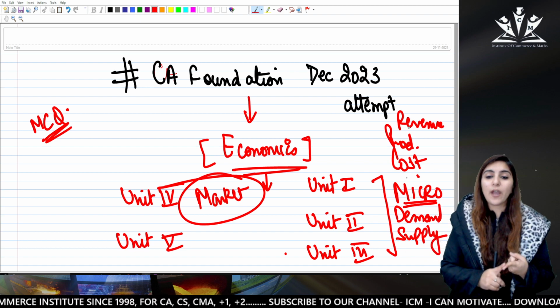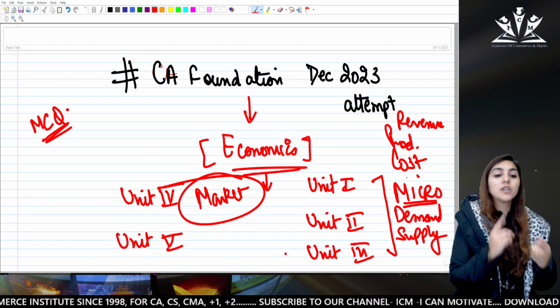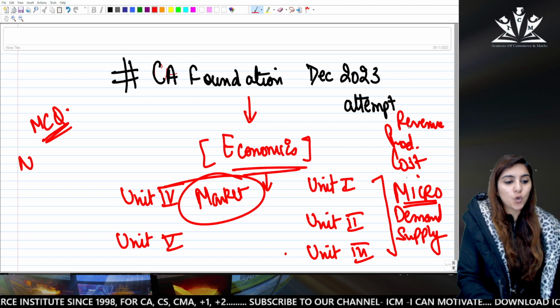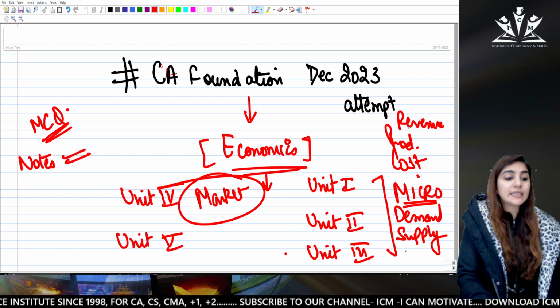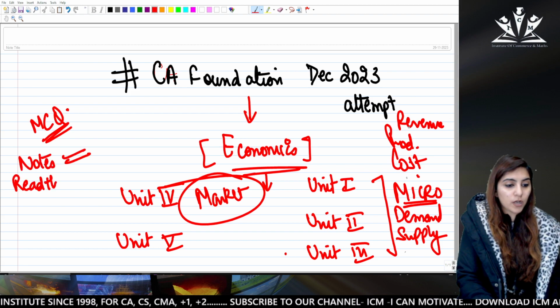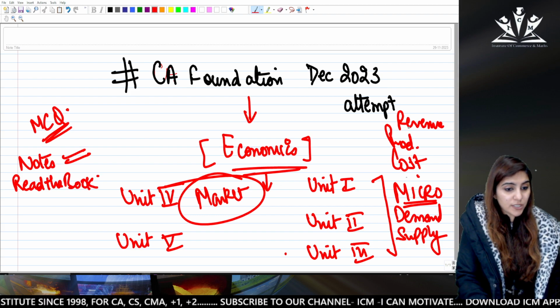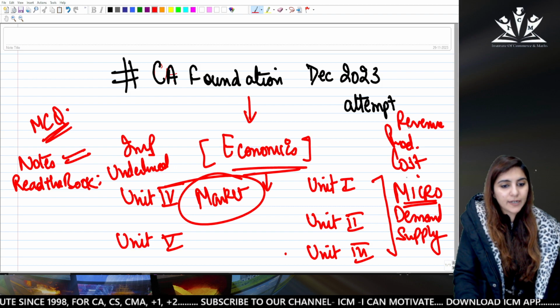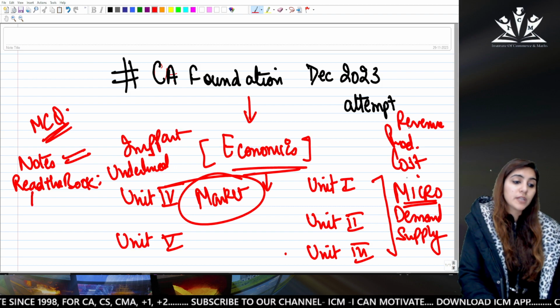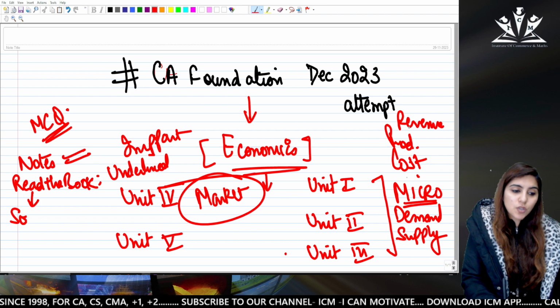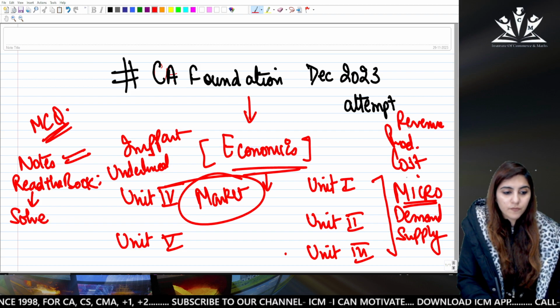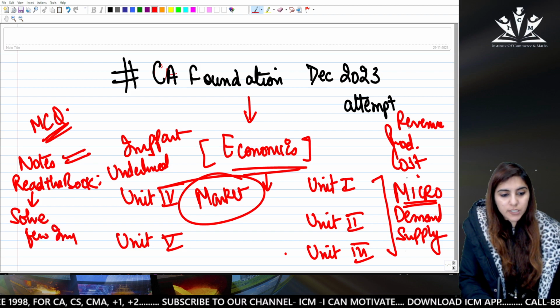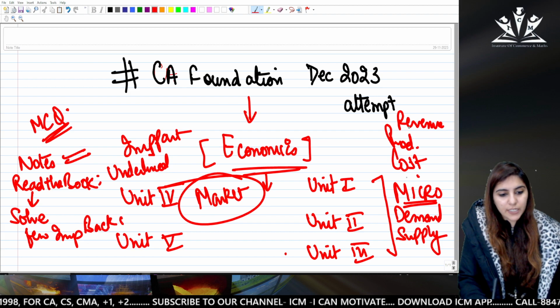The best way of doing it is, first, do the notes. First of all, study from the notes. Then read the book, not the entire one, just the underlined important part. Then you can solve a few important back questions covering these topics.